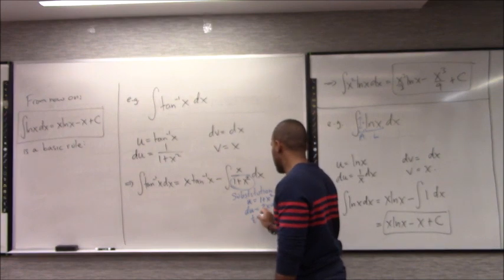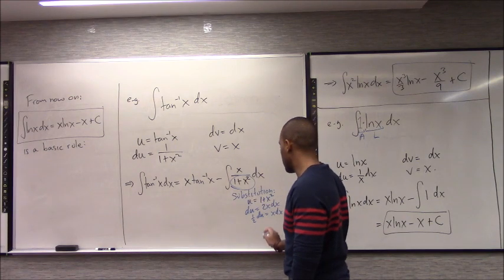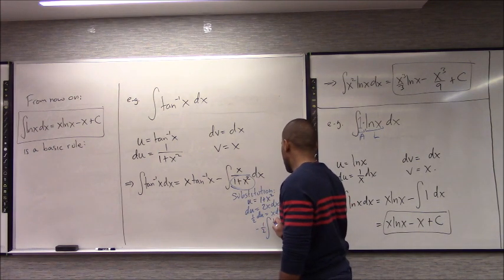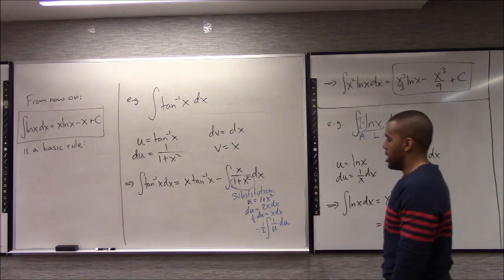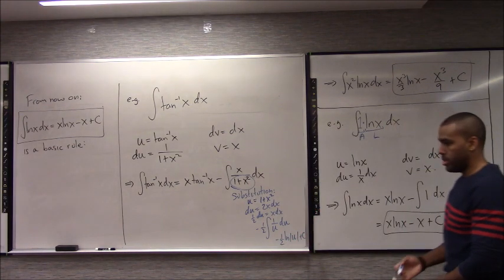So 1/2 du is going to be my x dx. And so this new integral is going to be minus 1/2 times 1 over u du. And that is going to be minus 1/2 ln of u, absolute value, plus c.